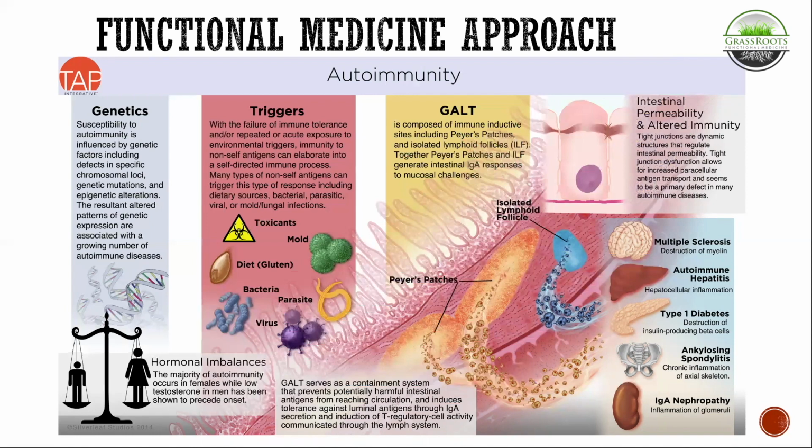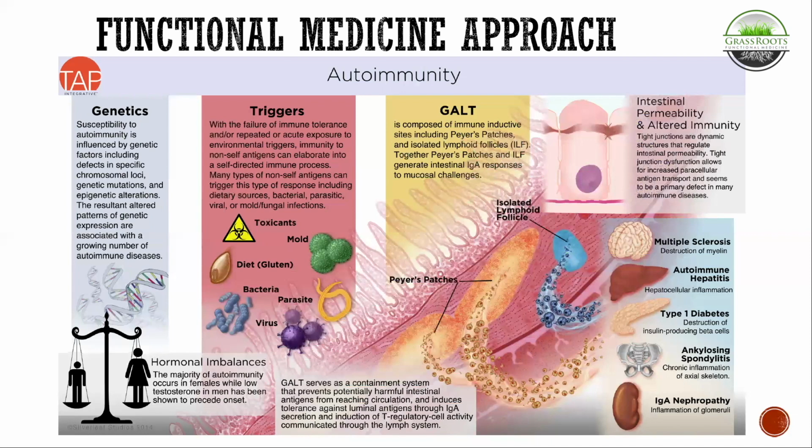And we know that with autoimmunity, there's kind of a triad there. You've got genetic predisposition, you've got intestinal permeability issues, and you've got specific triggers, which can be toxins, molds, dietary triggers, bacteria, parasites, viruses, stress in general. All of these things will cause the immune system to be dysfunctional, which leads to that cascade of autoimmune reactions.